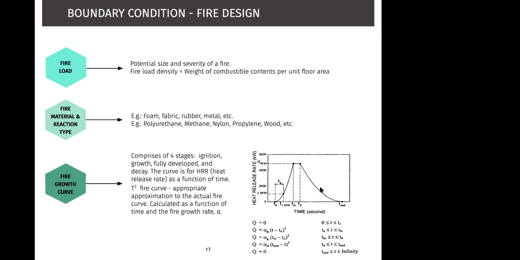And how you can utilize that is if you look at NFPA or any relevant data online, you can find that your fire design can be described by the Qmax, which is the peak heat release rate, your T end, which is the end time for the fire, decay time, the time at which the fire peaks, and the time at which the fire starts. And you can find your alpha G and alpha D, which is the growth rate of the fire and the decay rate of the fire. And if you were to look at one particular item on fire, say for instance, chair 13.